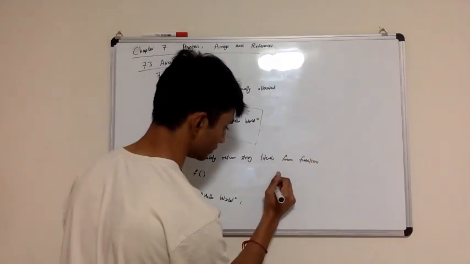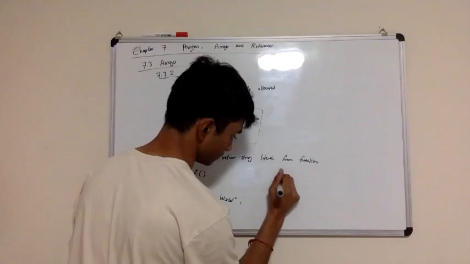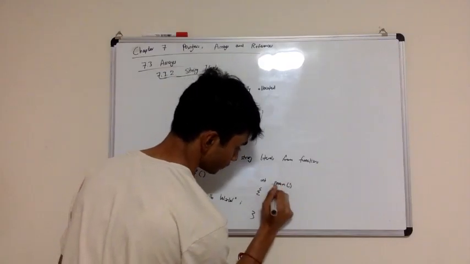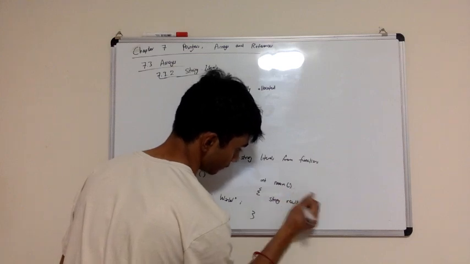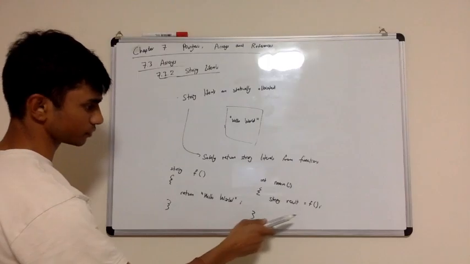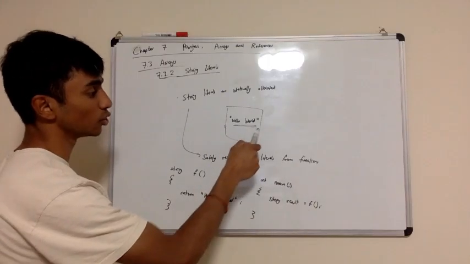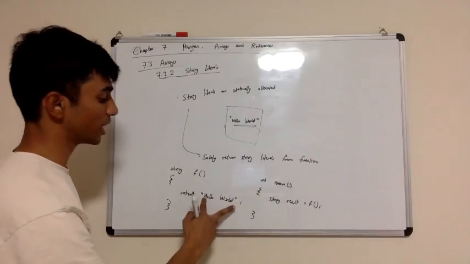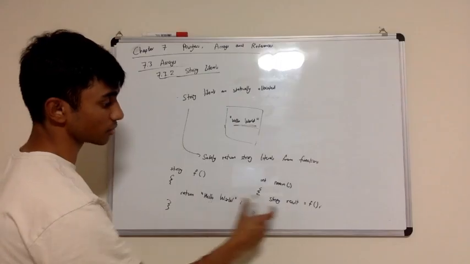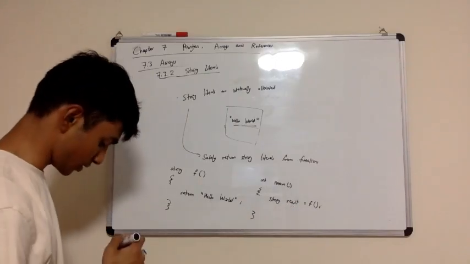If you have a caller, like in the main function, that then calls f and captures the result, result equals f, there's no extra operations to make sure that the string hello world is safe. The same address, or the same hello world that was returned from here, is going to be the same hello world that gets assigned to result here. So that's nice about that.